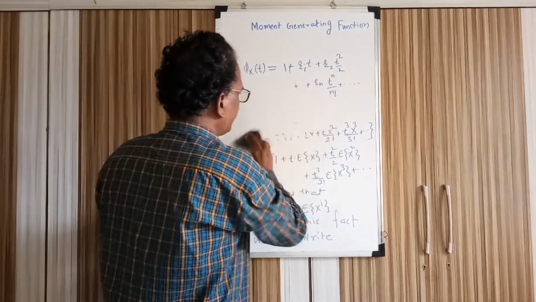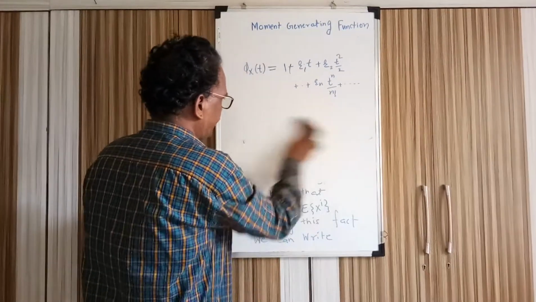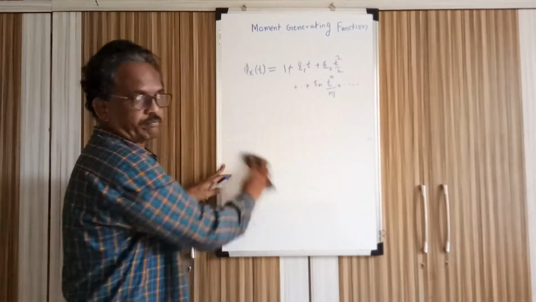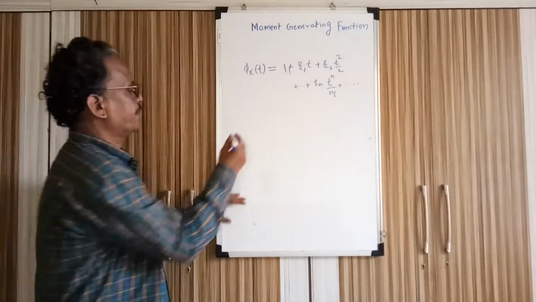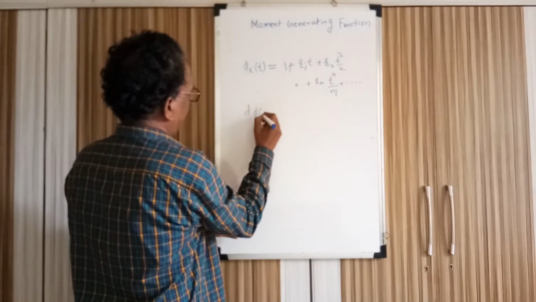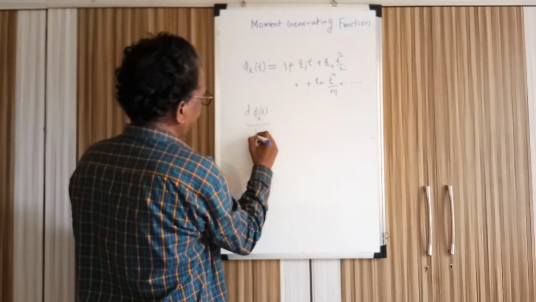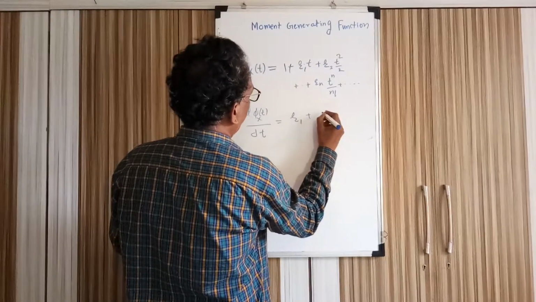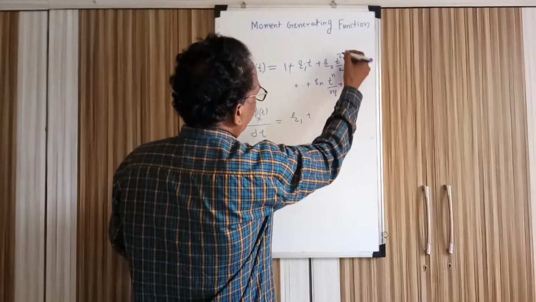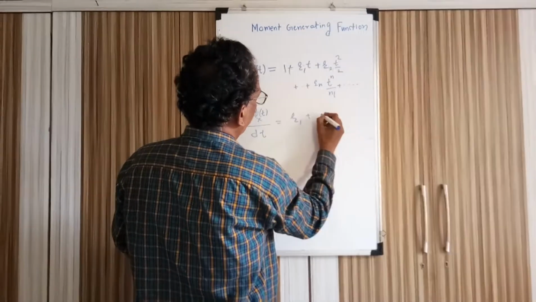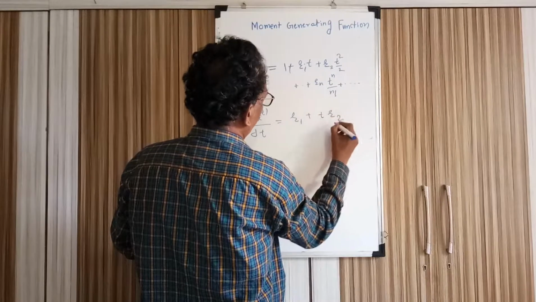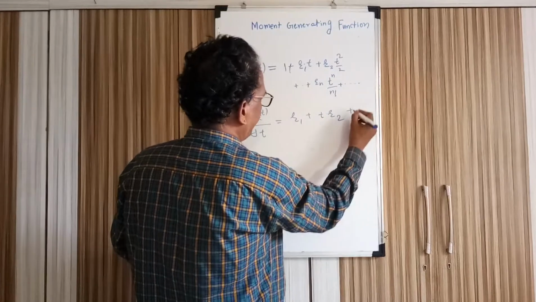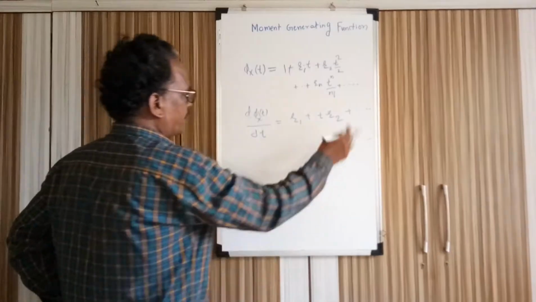If you differentiate this equation, first derivative, second derivative, we get d phi x of t by dt, the first derivative: zeta 1, plus the derivative of t square, which is 2t, divided by 2, so t into zeta 2, plus so on. Every remaining term is having t.